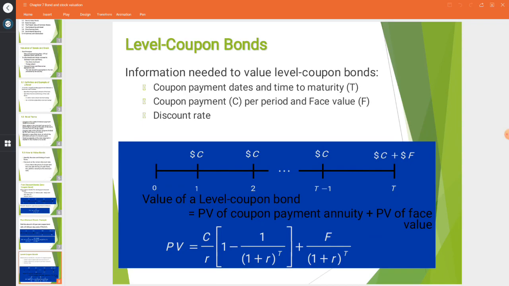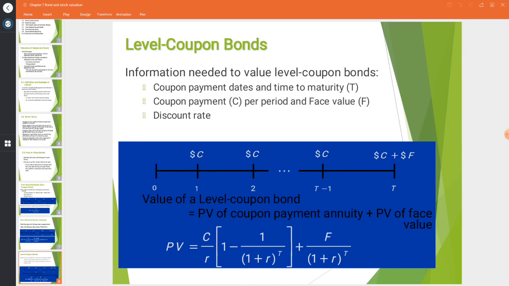Another shape of bond, we refer to it as a coupon bond. In this type of bond, we are going to receive two types of cash flows. The first cash flow is a certain type of coupon payment. We are going to receive it periodically.